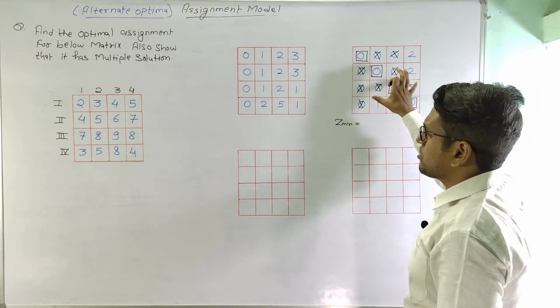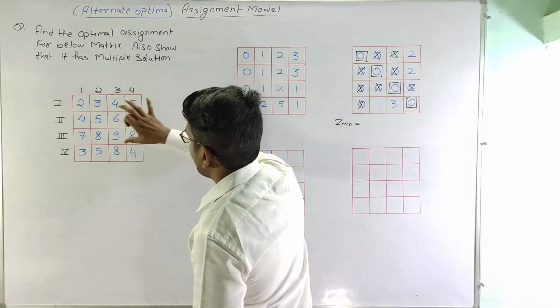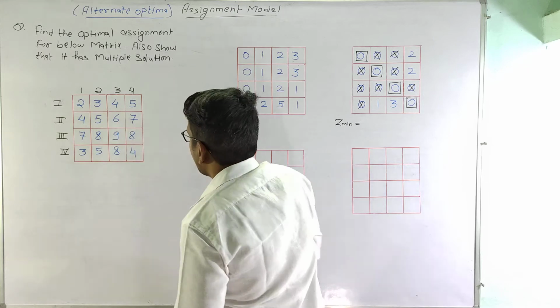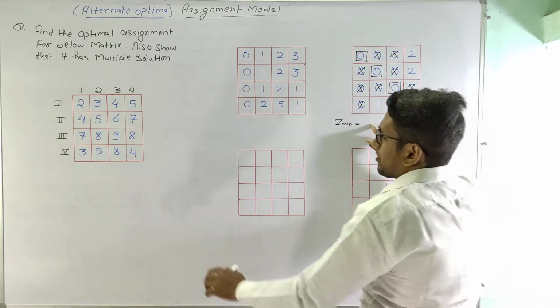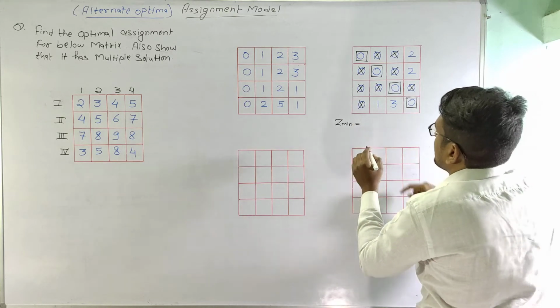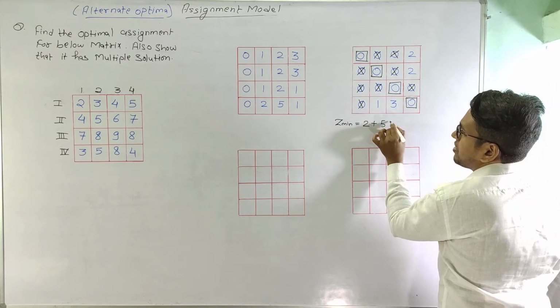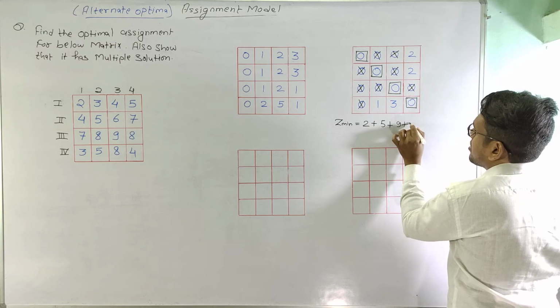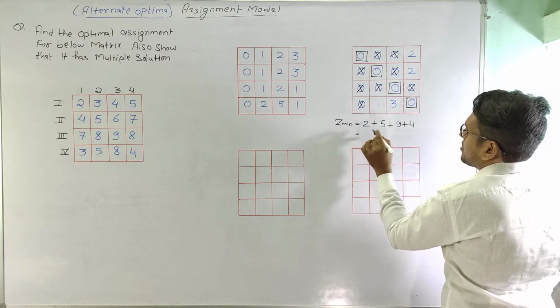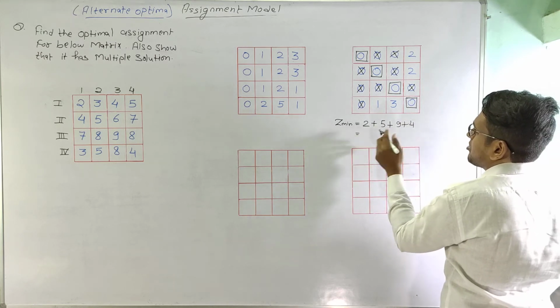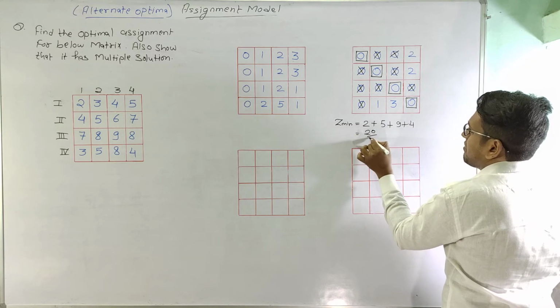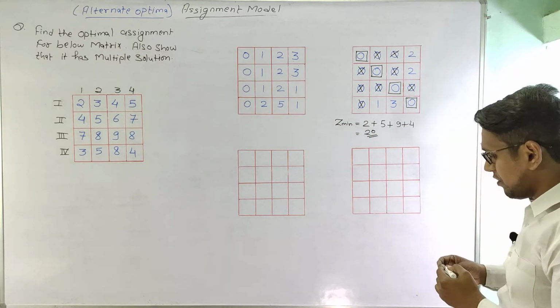So this optimal solution is also optimal for this particular matrix, so we will select the values from the original matrix. That is 2 plus 5 plus 9 plus 4. So here 7 plus 9, 16 plus 4, 20. So the minimum value coming here is 40.